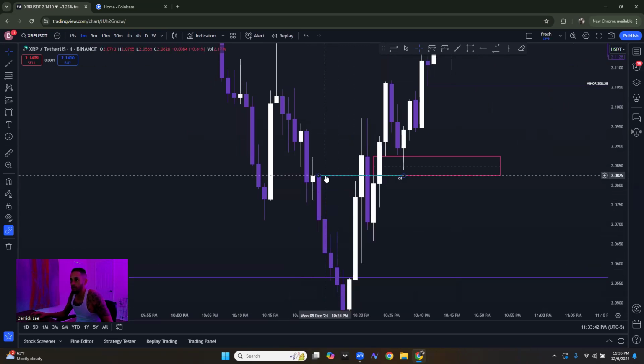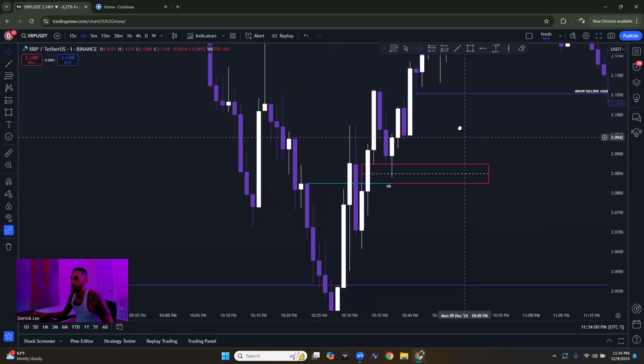The open of this down close candle, we breach that on this candle. And then price comes back down into this price range of this sequence of down close candles, and it sends prices higher.